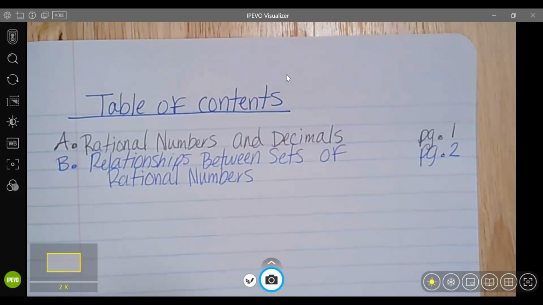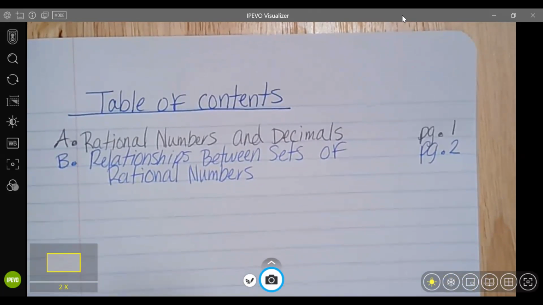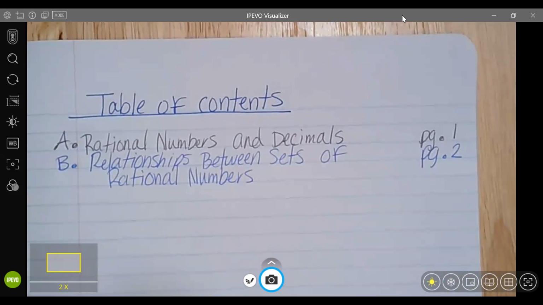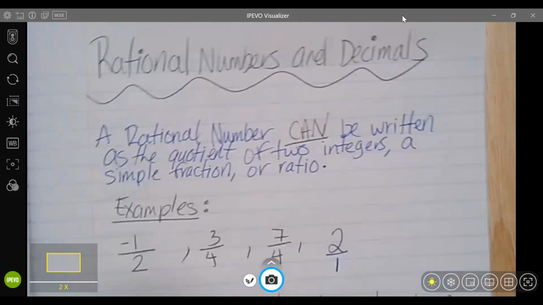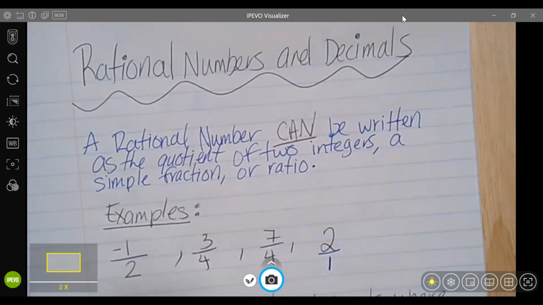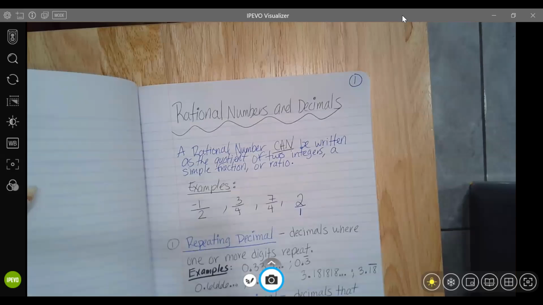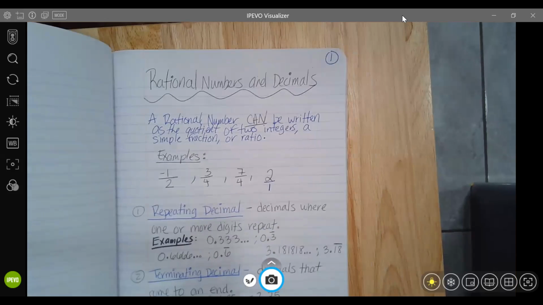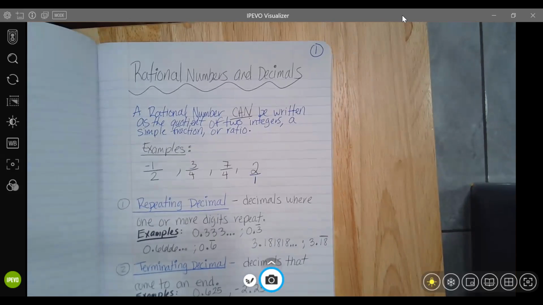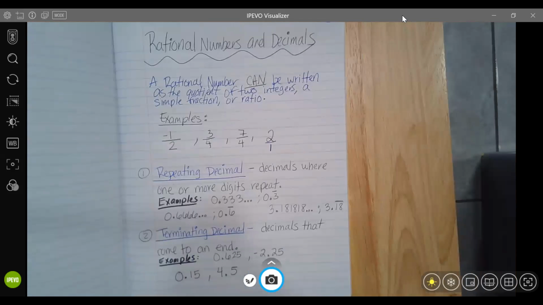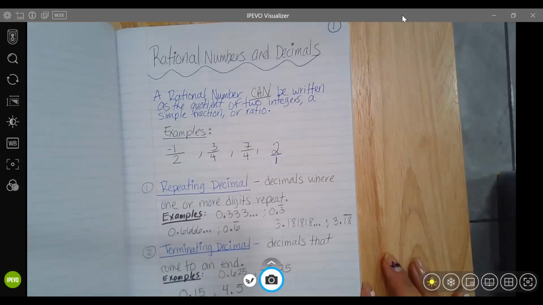If you want me to, I can send you pictures of rational numbers and decimals so you can get those notes. Here they are right here. Or I can kind of zoom out. Right there. I'll zoom out, and then if you want, you can pause and then take those notes in your journal.